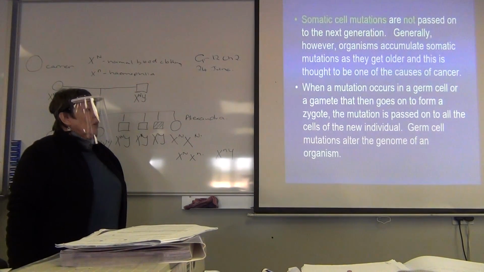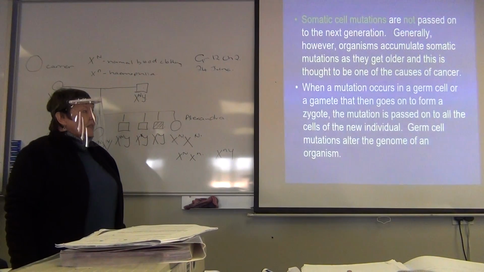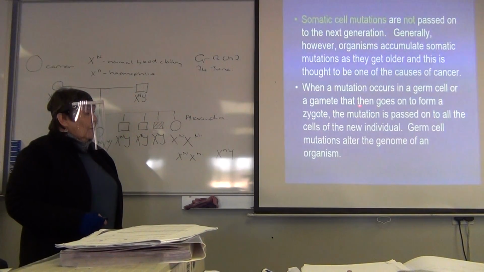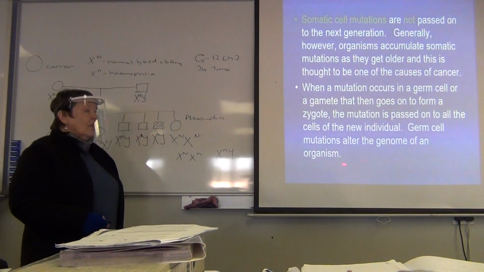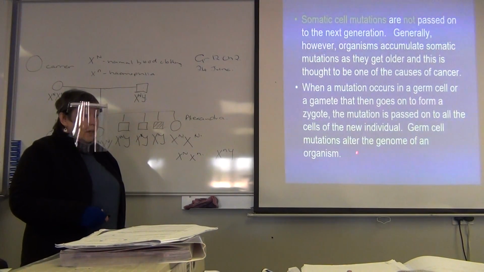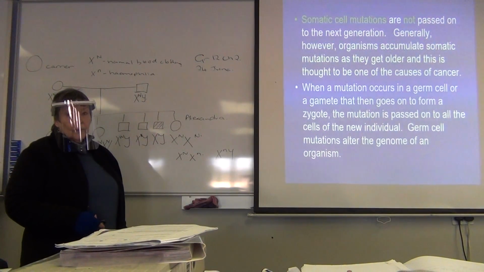However, generally organisms accumulate these as they get older, and this is thought to be one of the causes of cancer. But when a mutation occurs in a germ cell or a gamete, which then goes on to form a zygote, the mutation is passed on to all the cells of the new individual. Germ cell mutations alter the genome of an organism. And this is how evolution occurred.